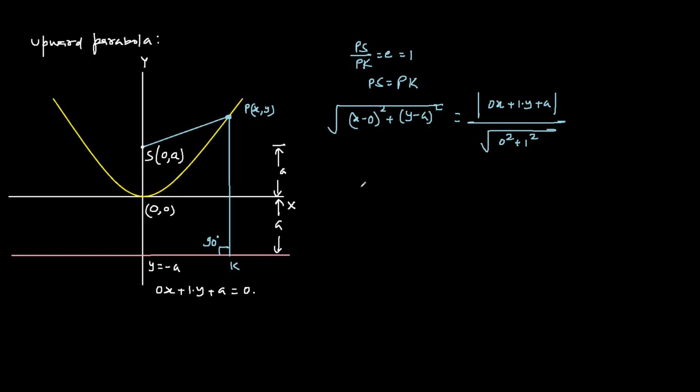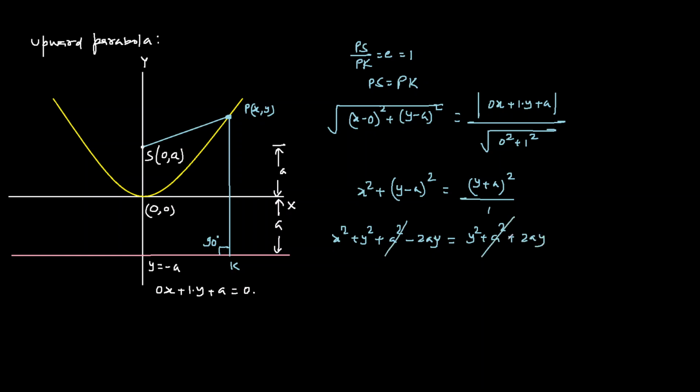Now squaring both sides, we have x square plus (y minus a) whole square. On the right hand side we have (y plus a) whole square divided by 1. So x square plus y square plus a square minus 2ay equal to y square plus a square plus 2ay.